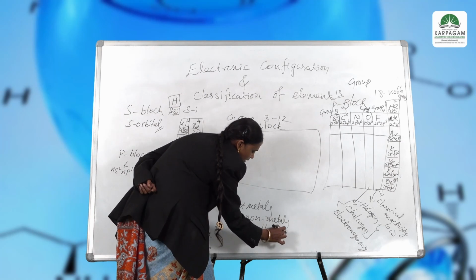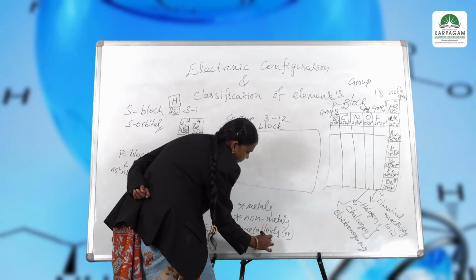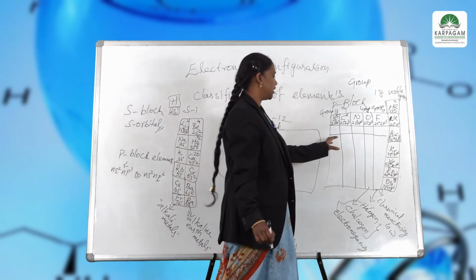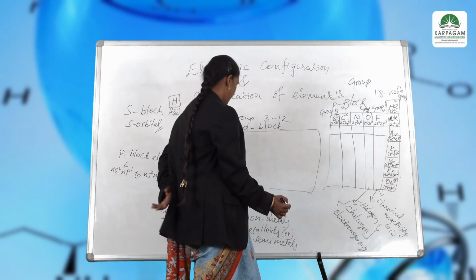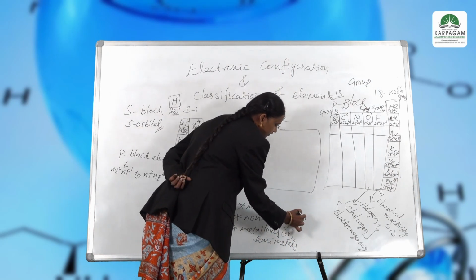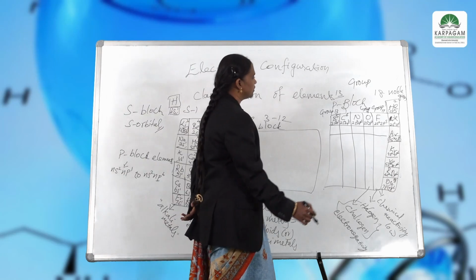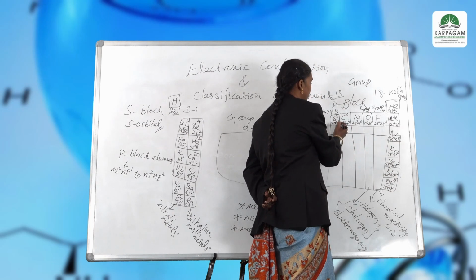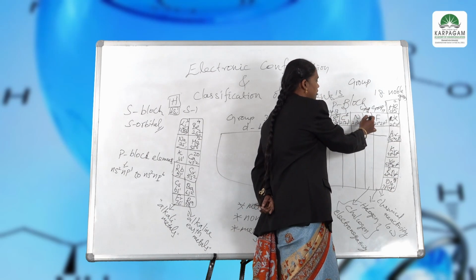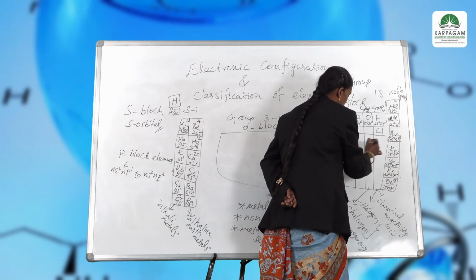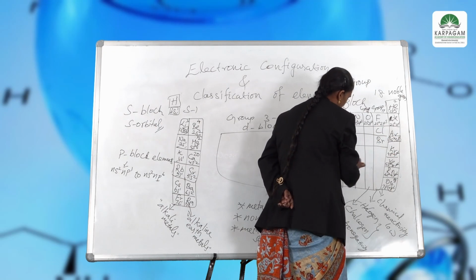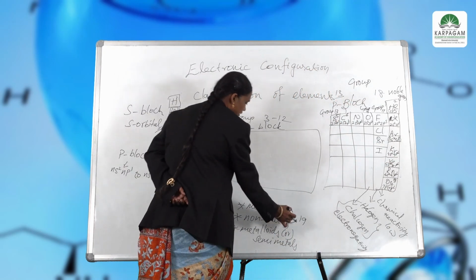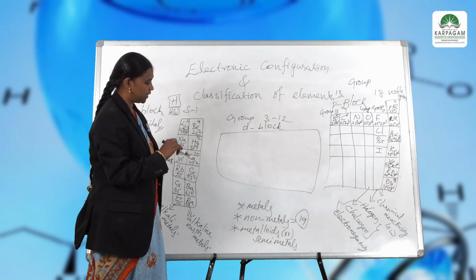Metalloids are also called semi-metals. In the p block elements, there are a total of 19 non-metals: helium, neon, argon, krypton, xenon, radon, oganesson, and boron, carbon, nitrogen, oxygen, fluorine, chlorine, bromine, and iodine. These elements come under non-metals, 19 elements in total.